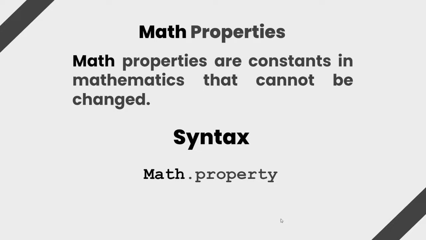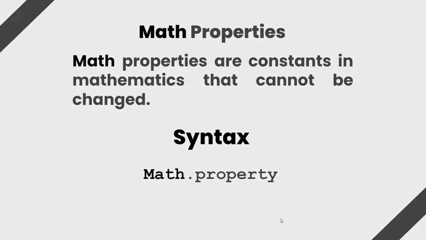For instance, you have what we know as pi, which is 22 over 7 or 3.142. That's rounded up to just three decimal places. So values like that, also the Euler's number and some other constants in mathematics, you can actually get by using the math properties.